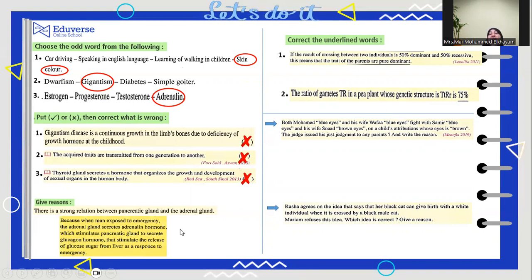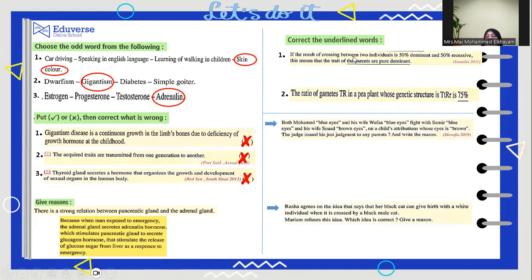Why? To change some of the stored sugar in the form of glycogen in the liver back to glucose, which will be used by your muscles to get ready for your fight, or even to run. Okay, correct the underlined words.